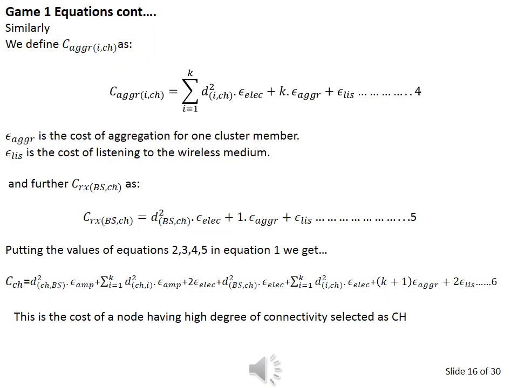Dear students, for aggregating cost, you can look into equation number 4 and further equation number 5, and if we put all these equations in equation 1, we can have the cost of cluster head in all aspects in the form of equation number 6. That is the cost of the node having high degree of connectivity selected as cluster head.